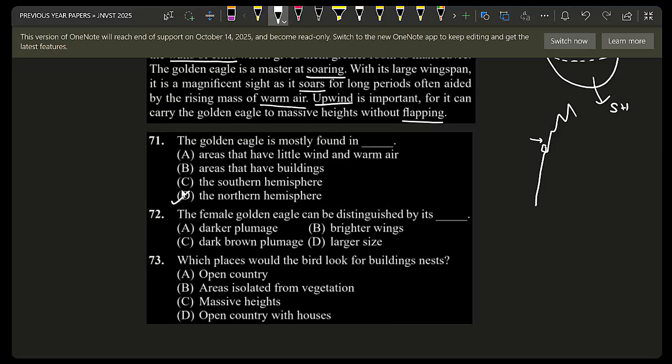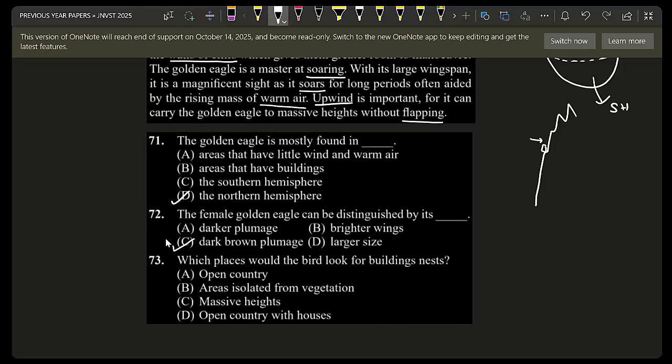Next, 72. The female golden eagle can be distinguished by its... How can we distinguish the female golden eagle? Darker plumage, brighter wings, dark brown plumage, and larger size.